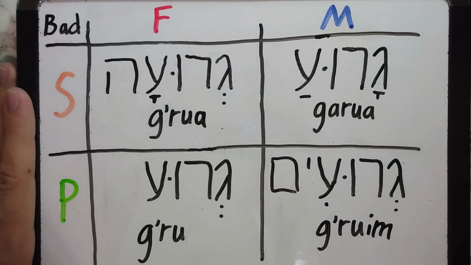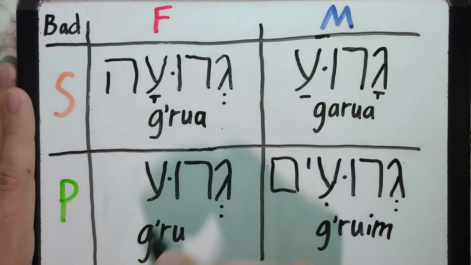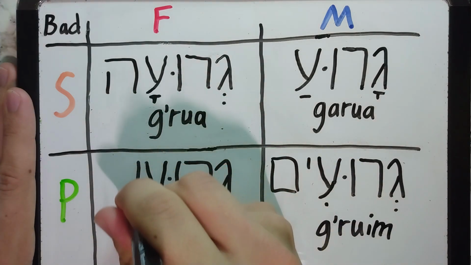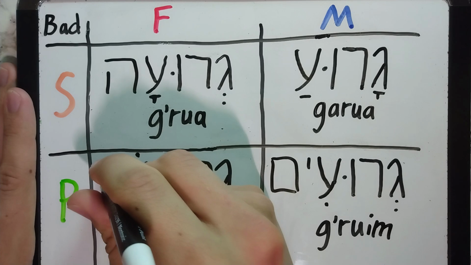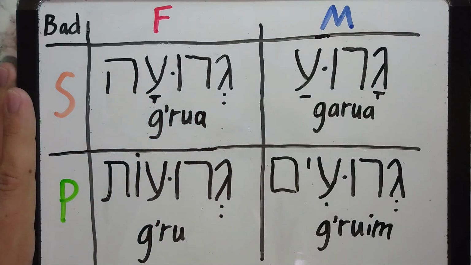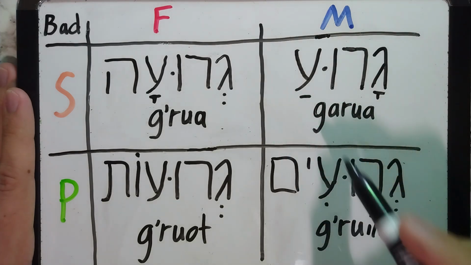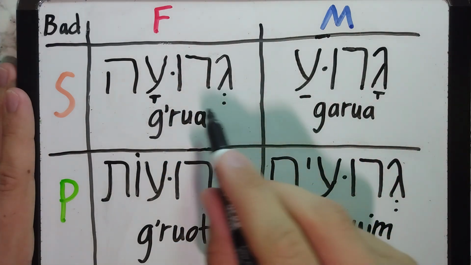So the masculine plural form of this adjective is garuim. And for the feminine plural form, we add the ending vav with holam and tav, which say ot, to get garuot.